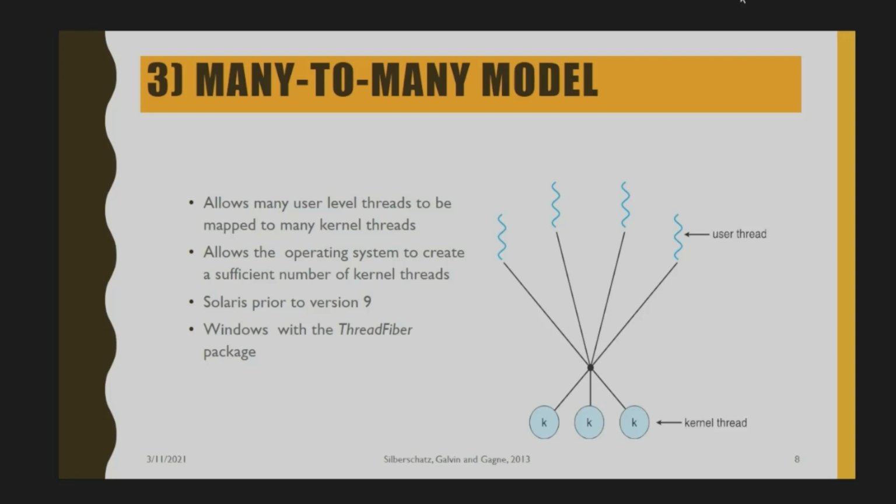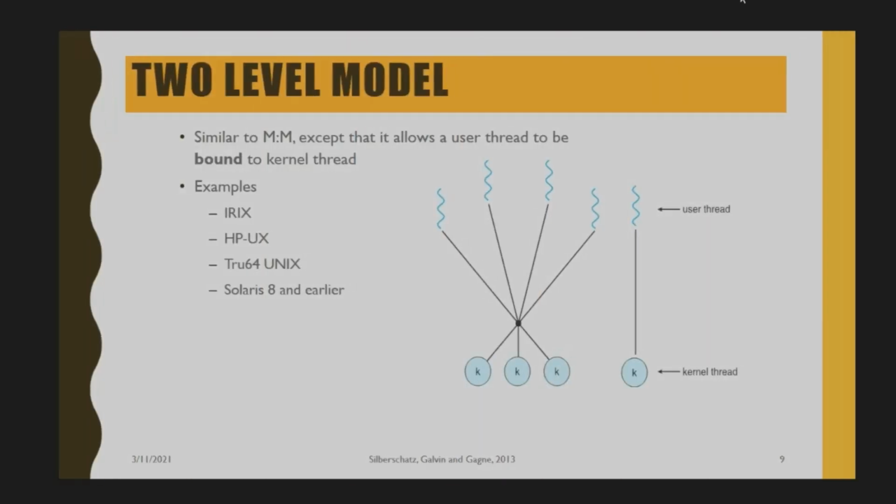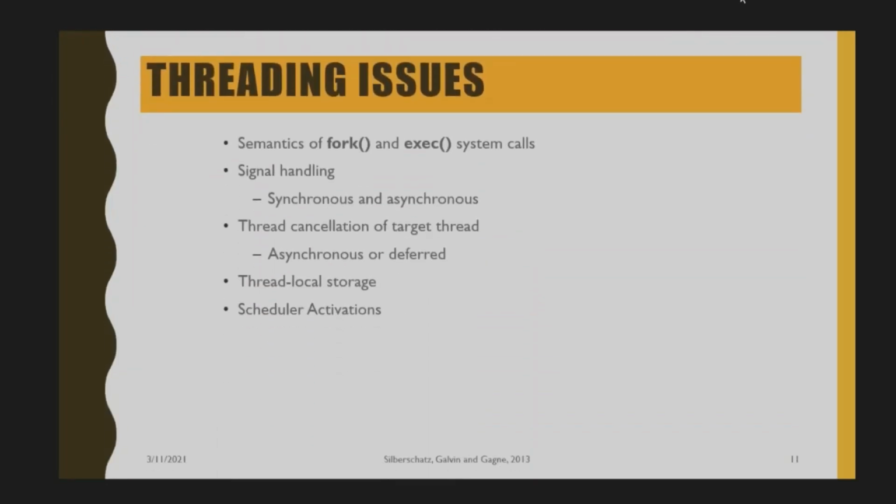Okay, that is for the many to many. Solaris prior to version 9, meaning the earlier versions of Solaris, use this kind of model, as well as Windows with the ThreadFiber package. So there are 3 models for threading.